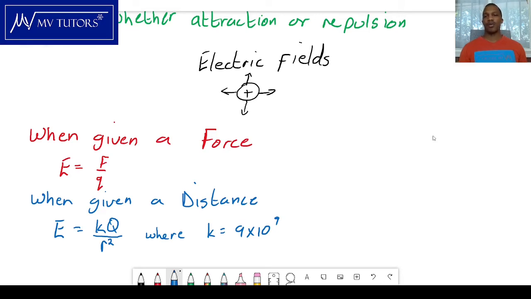So depending on what you've been given, that's what you use.